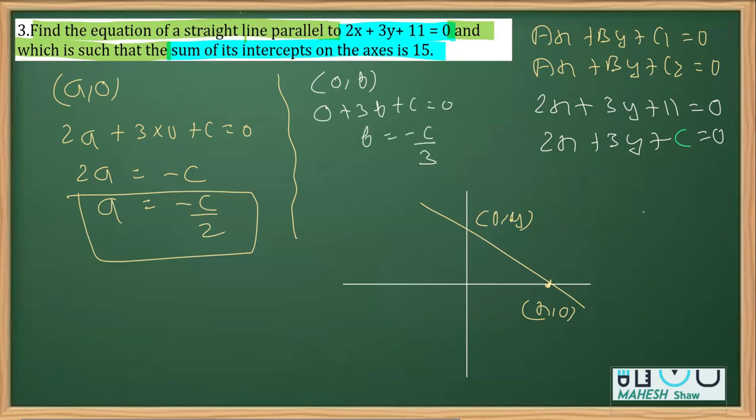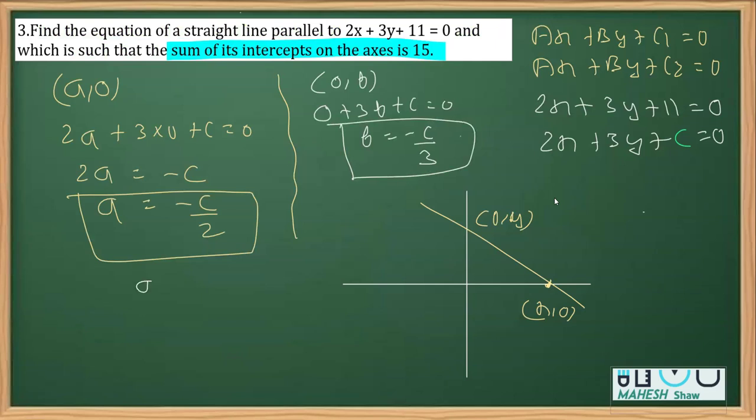Now, further, we are given that the sum of the intercepts is 15. So from these two, the sum of the intercepts, that is a plus b, is given as 15. So I can replace a with minus c over 2, and b with minus c over 3, and that is equal to 15.